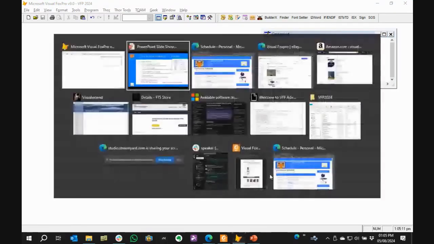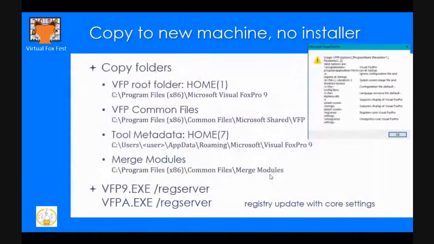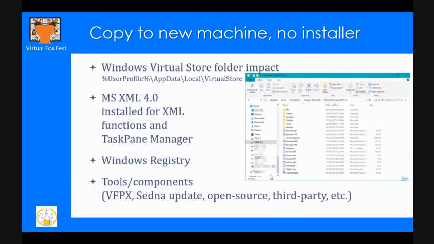Okay. Then there's some more things you need to worry about. The virtual store, the Windows Virtual Store from Windows Vista all the way through Windows 11. Anytime you open up, say in the class browser, one of the Fox Foundation classes, you will find that whenever you open them, they get copied to the virtual store.